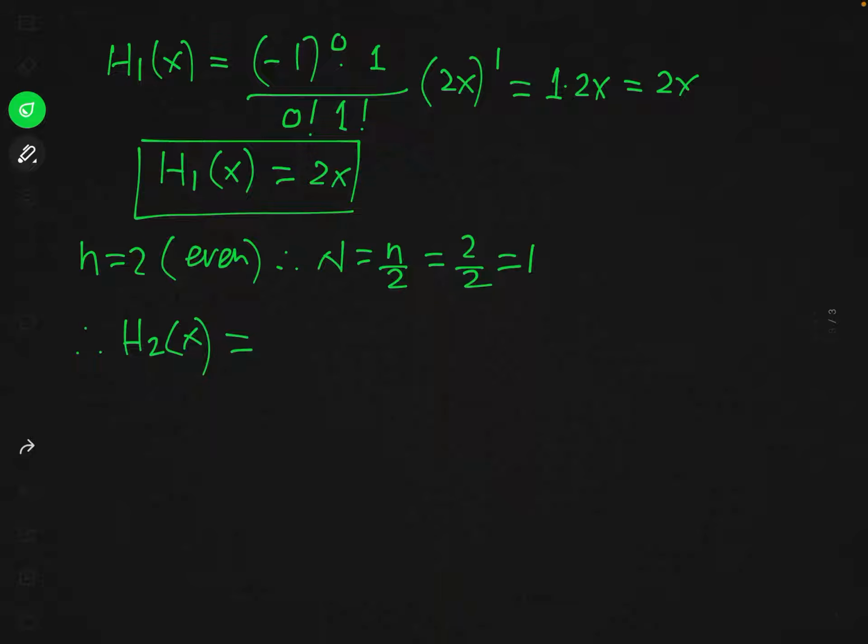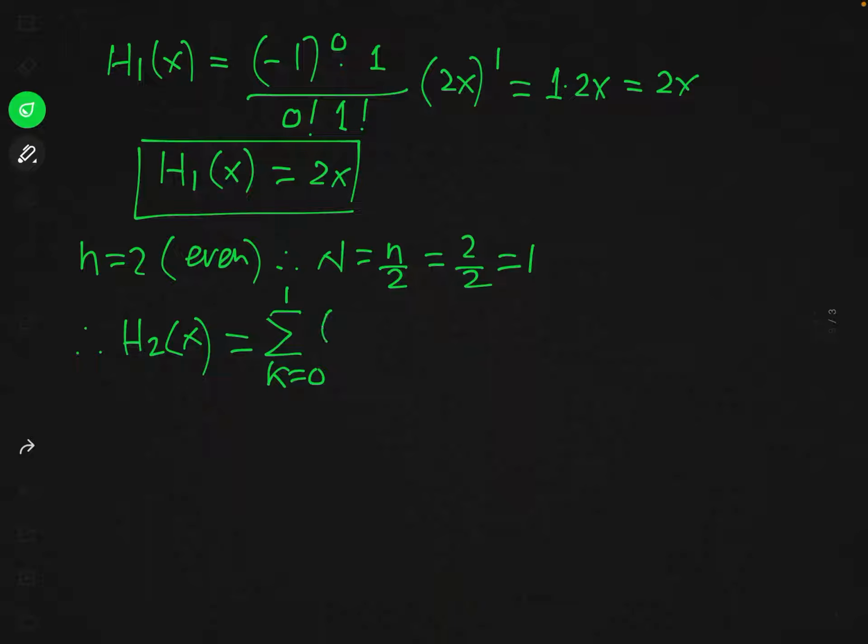You can see here this will be summation k from 0 to 1, because here is in fact capital N, and capital N in this case is equal to 1.